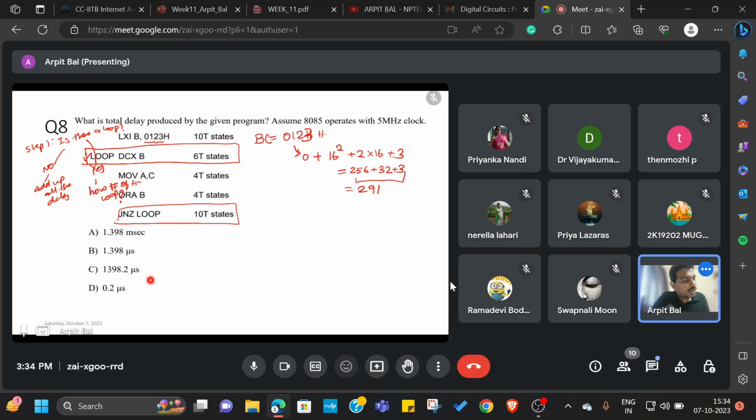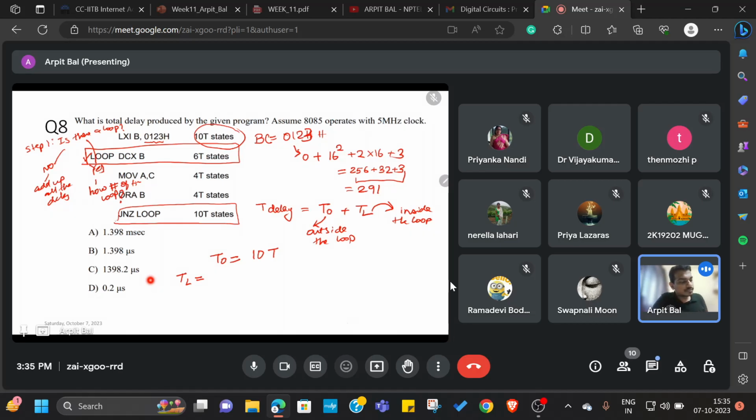Then T delay is equal to TO plus TL, where TO is the delay outside the loop, and TL is the delay inside the loop. TO is visible, it is 10T to load the value into B. But now we need to figure out what is TL.